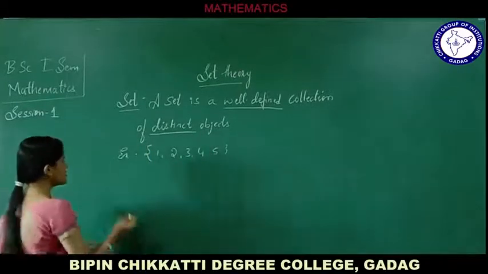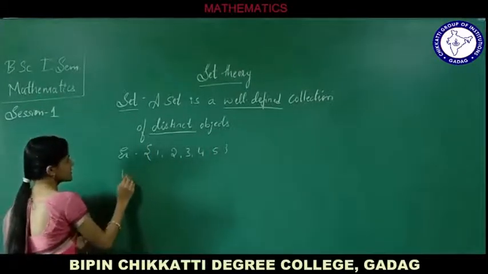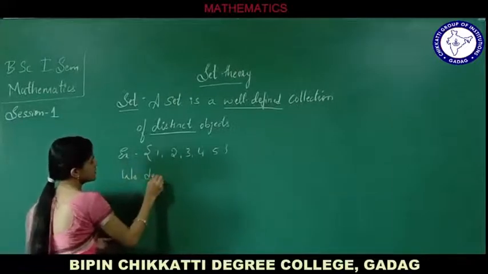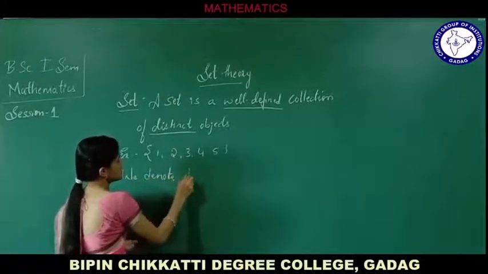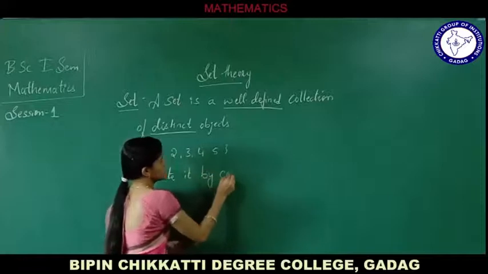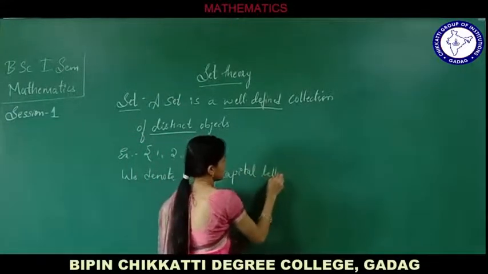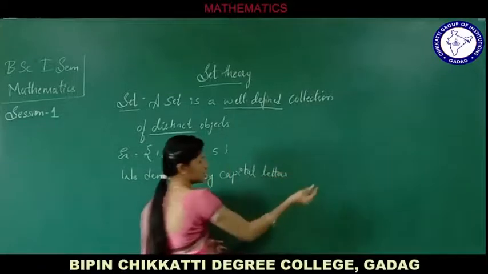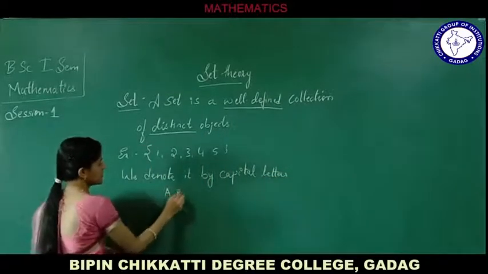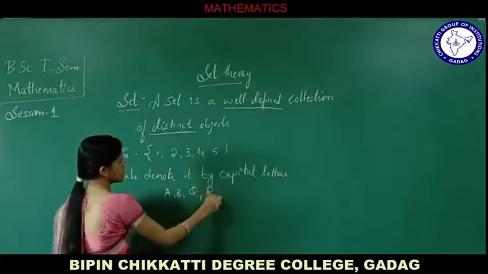How we are going to denote sets? We denote it by capital letters, might be A, B, Q, R, N.